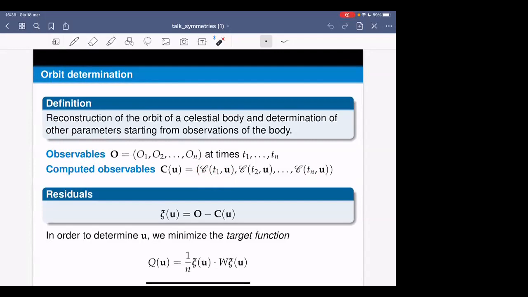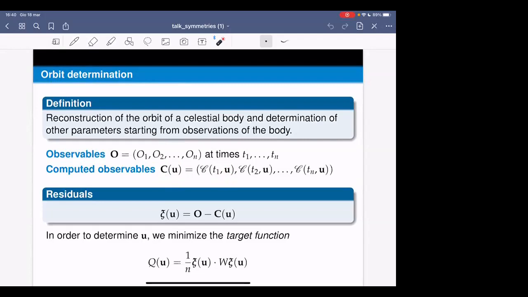If we are determining, for example, the orbit of a spacecraft which is orbiting a planet, then the vector u may contain also the gravitational coefficients of the planet, or the initial conditions of the orbit of the planet, and so on. So we collect all these parameters in this vector u. And so we have the vector of the computed observables c, depending on u.